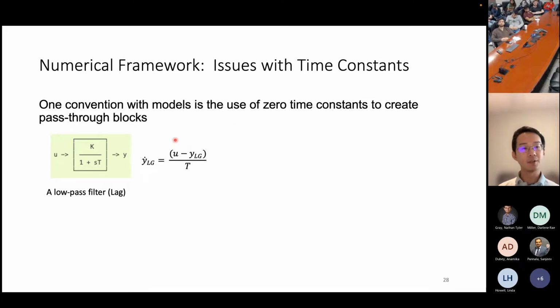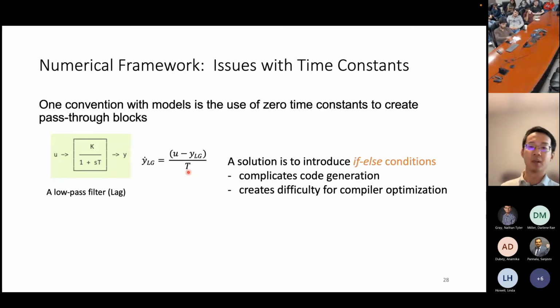And there's another issue with the time constant, because it is a convention to use models that have 0 time constant to create pass-through blocks. So in this block, if one sets T to 0, this should become a pure gain block. But in computer implementation, when one has a 0 here, it'll create a division by 0 issue.